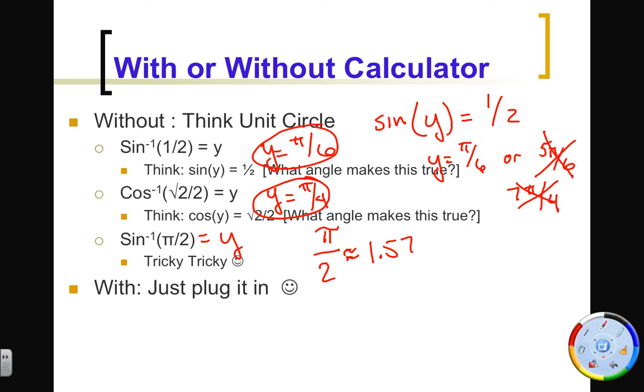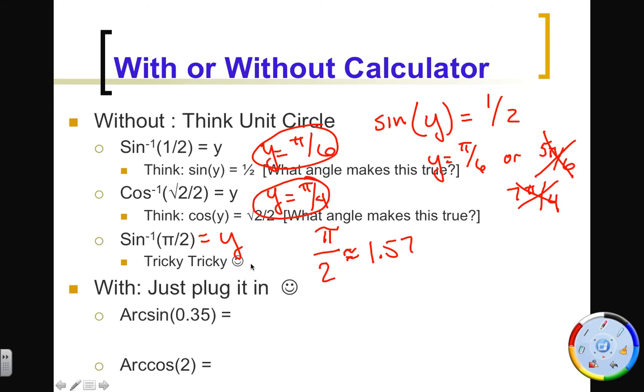What about just plugging things in? This is just calculator stuff. So arc sine of 0.35, arc cosine of 2. I'm going to do something right here that you might not really like: let's go sine inverse of 0.35.